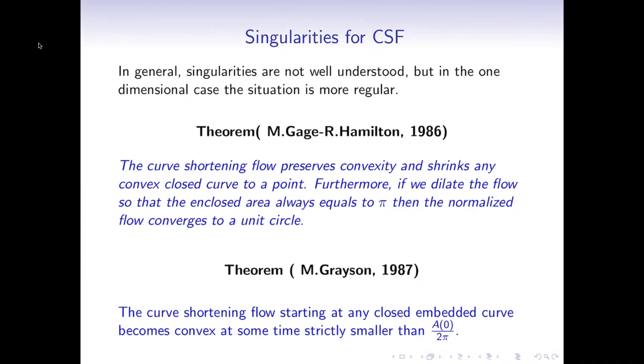With the topic of singularities, of course, from the PDE point of view, something that I haven't mentioned is what do I mean by a solution of the flow. Up to here, everything that I've been talking about is classical solutions.